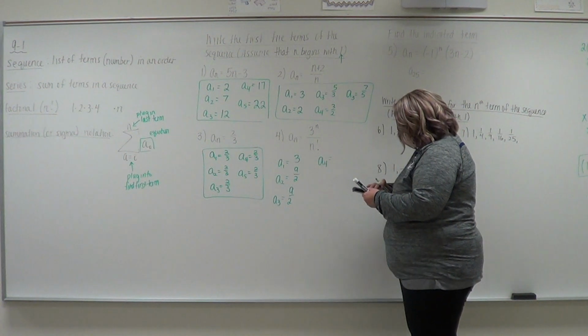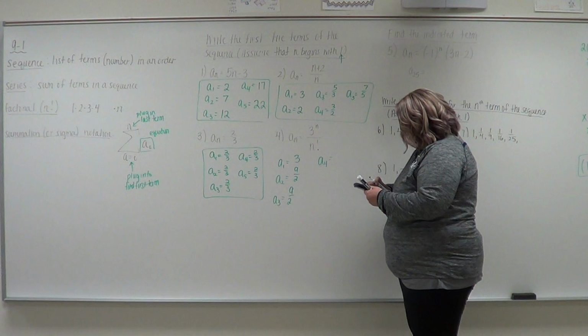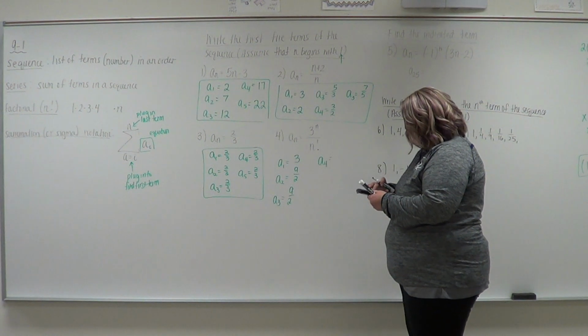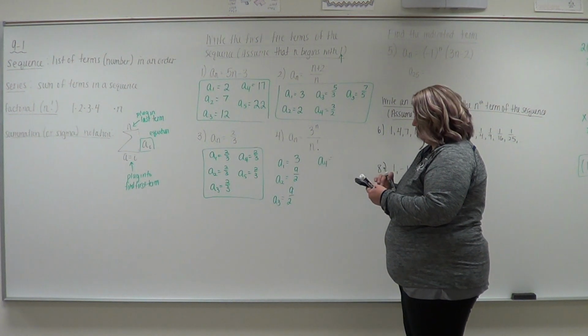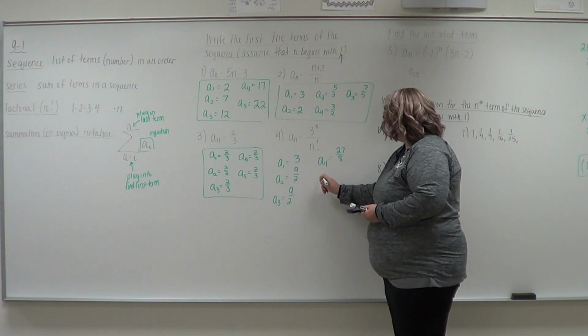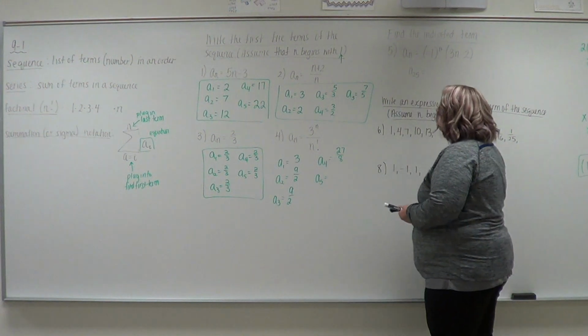I'm not going to do this in my head. So that is 3 to the 4th, which is 81, divided by 24, because that's what 4 factorial is. That will reduce, because they're both divisible by 3, to 27/8. Or you can do it as 3 3/8.